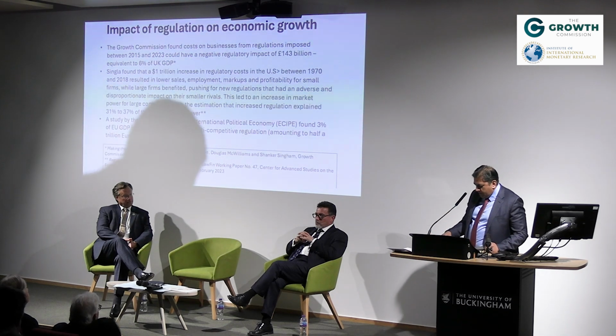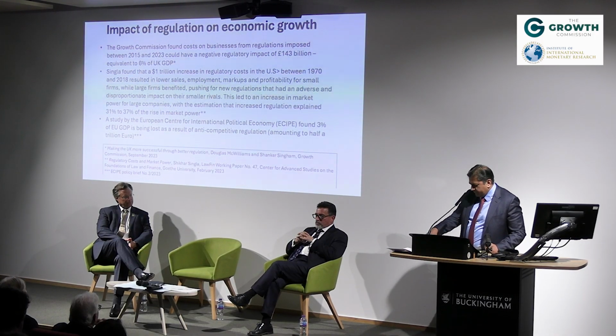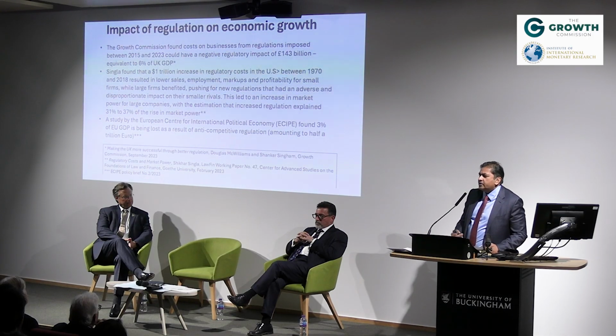And then in the EU, ESIPE found that 3% of EU GDP per capita is being lost as a result of anti-competitive regulation. It's about €500 billion in the EU.